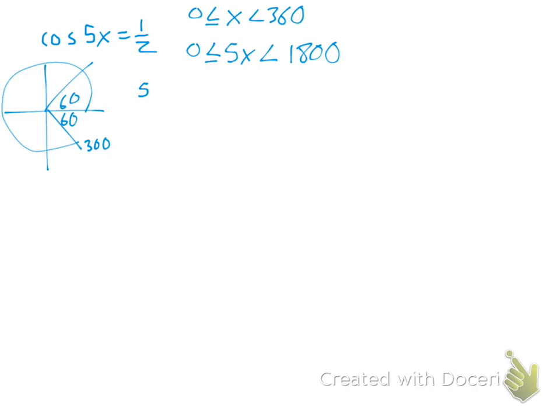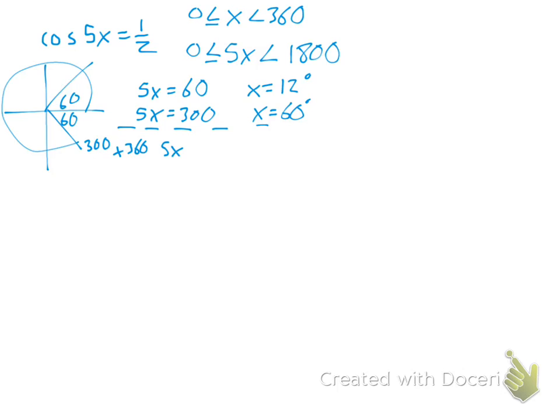The first time, 5x equals 60 and 5x equals 300. That means x would equal, divide both sides by 5, 12, and divide by 5 again, 60. There's 2 answers out of 10. I'm going to add 360.